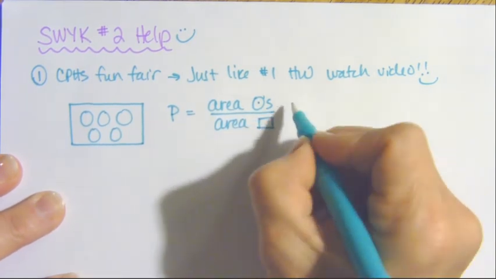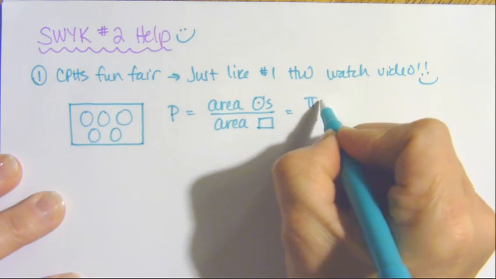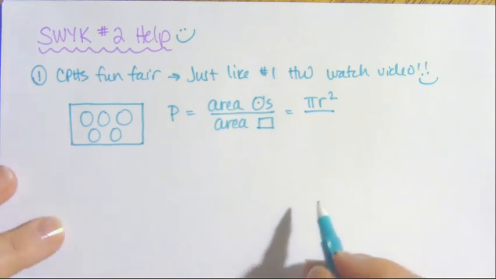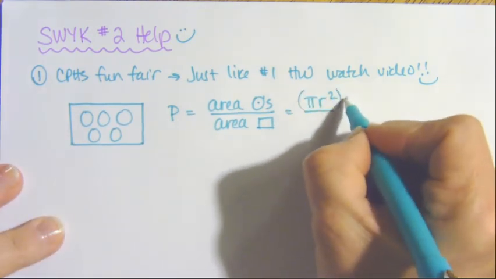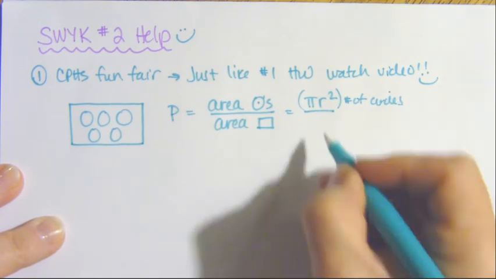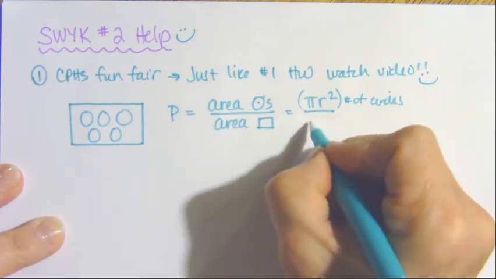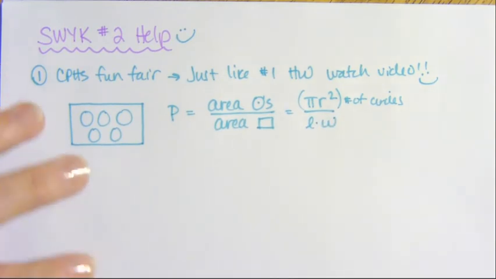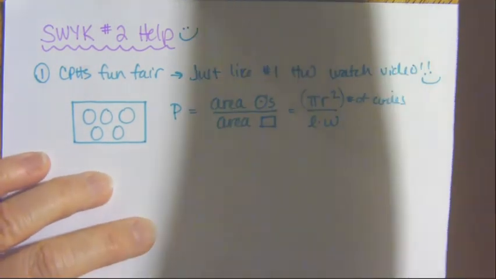Just to remind you, the area of a circle is pi r squared. The problem tells you what the radius is. You'll just have to remember to multiply it by the number of circles. So make sure you multiply that. And then the bottom is just going to be the area of the rectangle, which is length times width. Hopefully that helps a little bit on that one.